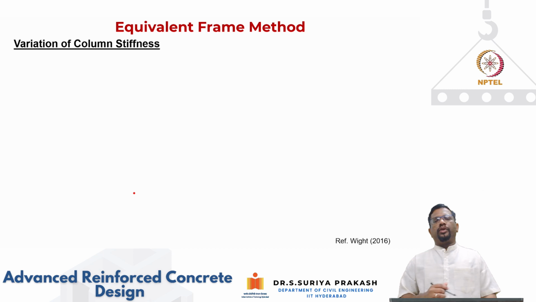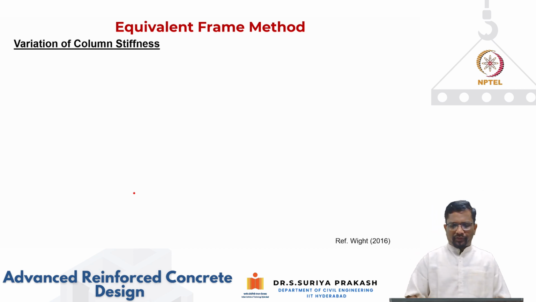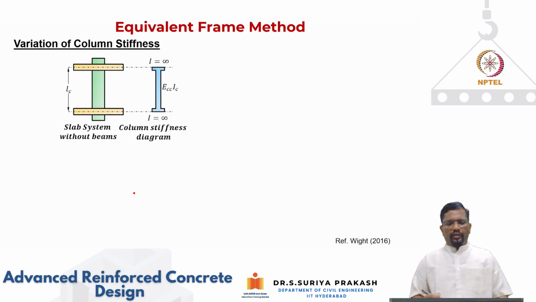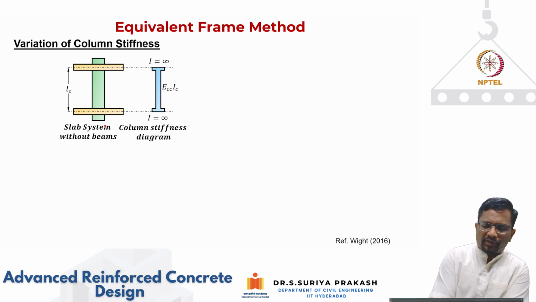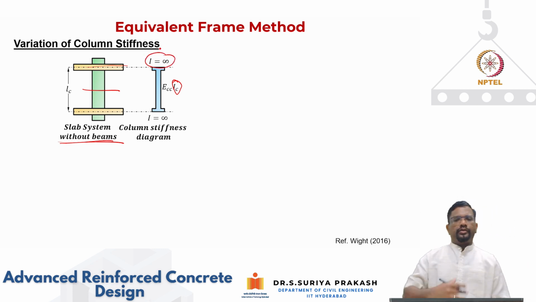Now let us look at the variation of column stiffness. Here we are looking at two cases, first a slab system without any beams. Depending upon where you take the section, you're going to have I of column only, and at this location, I is going to approach infinity. So you see that there are going to be variations in column stiffness.